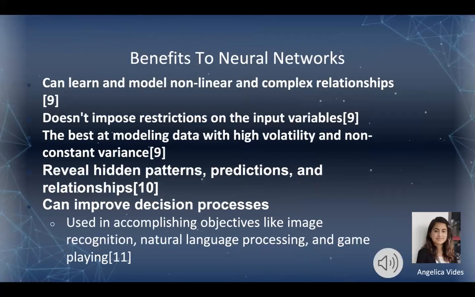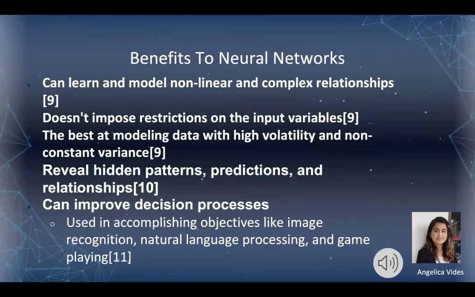Other benefits of neural networks are that they have the ability to learn and model nonlinear and complex relationships, which is important in real-life scenarios since many relationships between inputs and outputs are both nonlinear and complex. Neural networks also don't impose any restrictions on input variables, such as how these inputs should be distributed, unlike other prediction techniques.